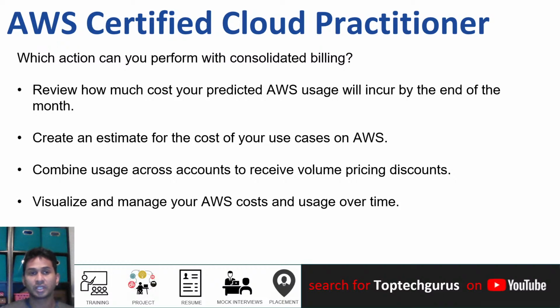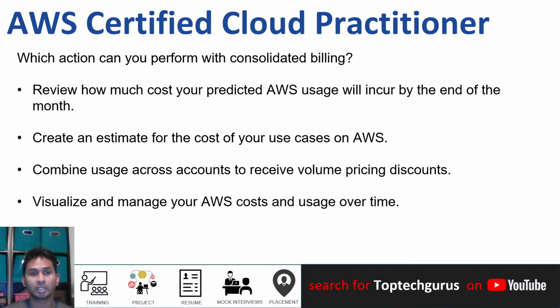The last two options are combine usage across accounts to receive volume pricing discounts, which is what an organization setup does. In consolidated billing, you'll already get the volume pricing discount. You don't actually perform that action in consolidated billing, so it seems pretty close.